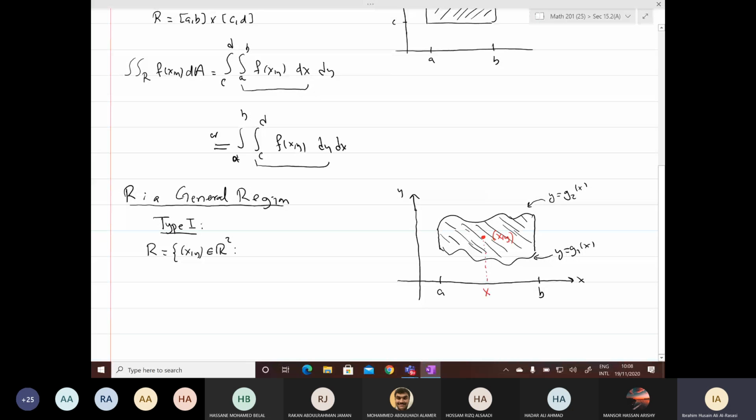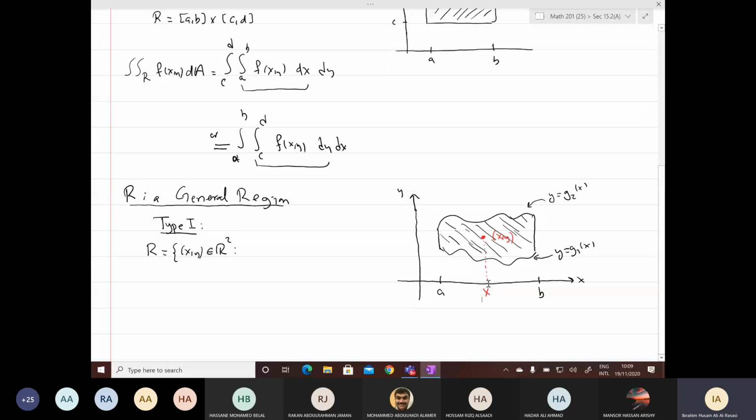I need to find all possible values of x. R is the set of points (x, y) in R2 such that x... I will concentrate first on the x coordinate. What are the possible values of the x coordinate for this region? For this point, x will be between a and b.